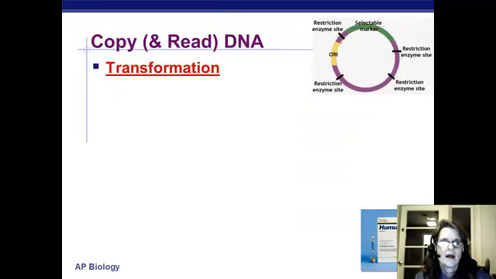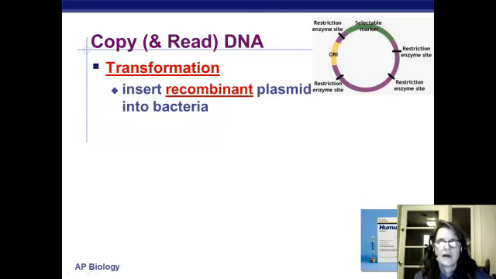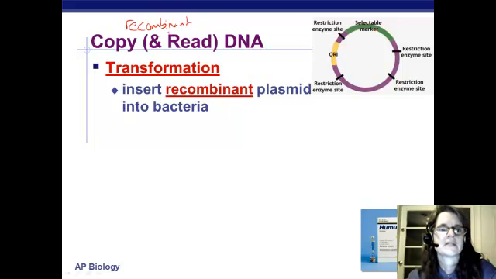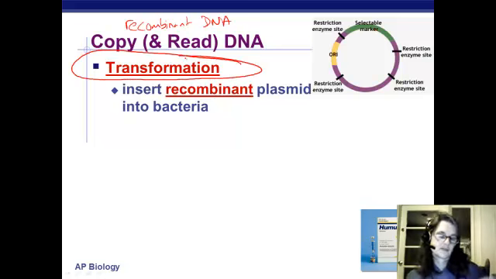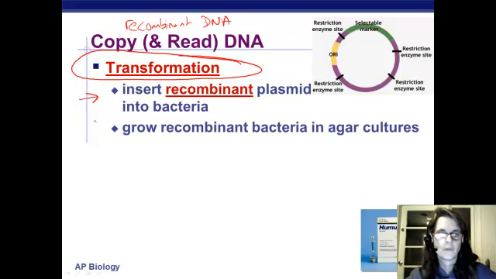Now, we created this new piece of DNA, this recombinant piece of DNA, but we haven't addressed getting it into the bacteria. That requires this idea of transformation that we talked about earlier. This is where we want to insert that new DNA combination into a bacteria and hope that the bacteria will work.